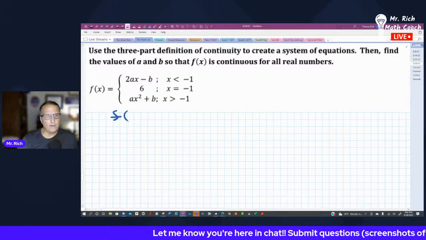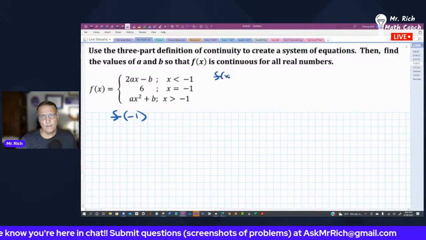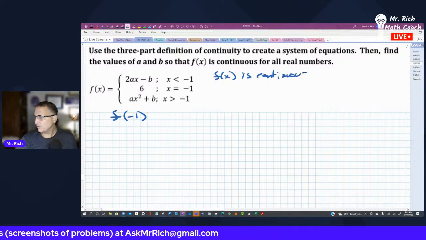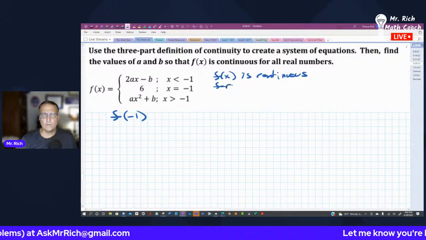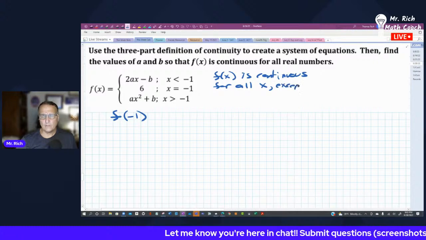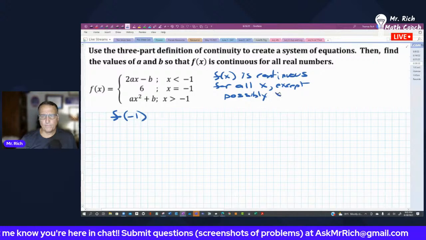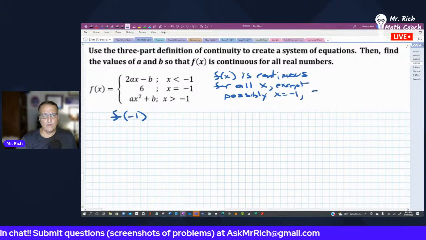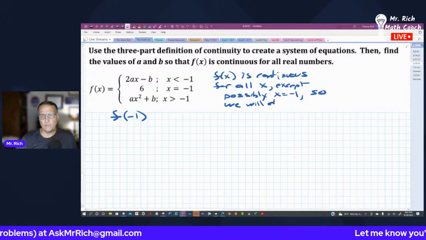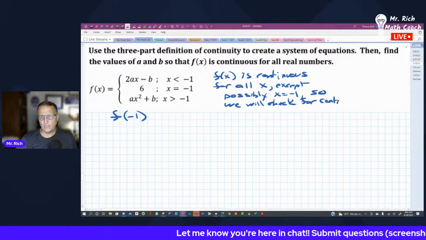So we'll say that f of x is continuous for all x, except possibly x equals -1. So we will check for continuity at that one location.